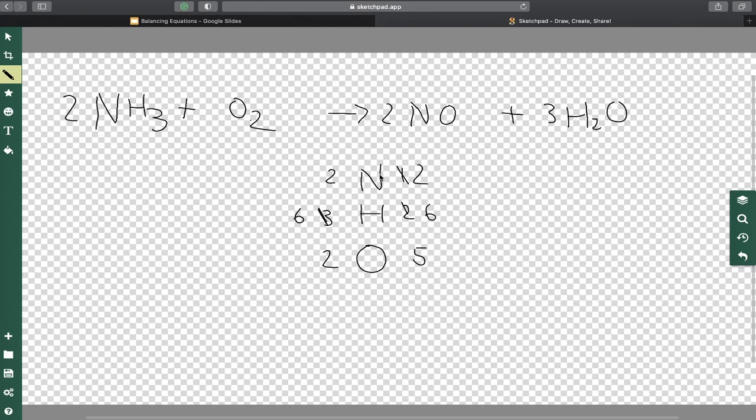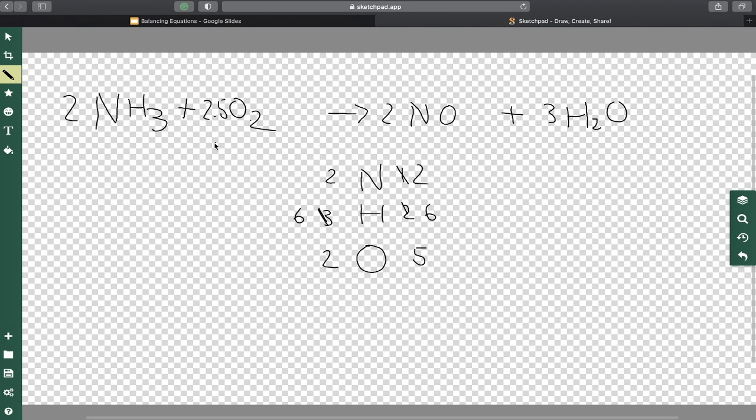So our nitrogen and hydrogen are both balanced, but we cannot have a 2.5. If we put a 2.5, then we have a balanced equation, but we are not allowed to do that.